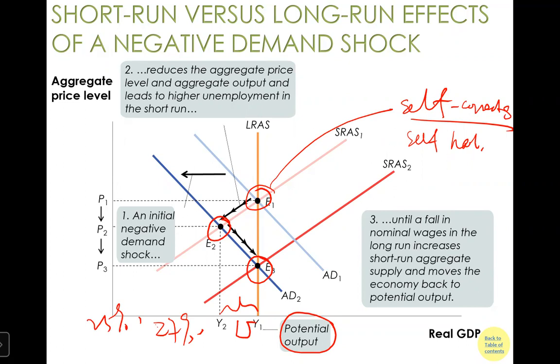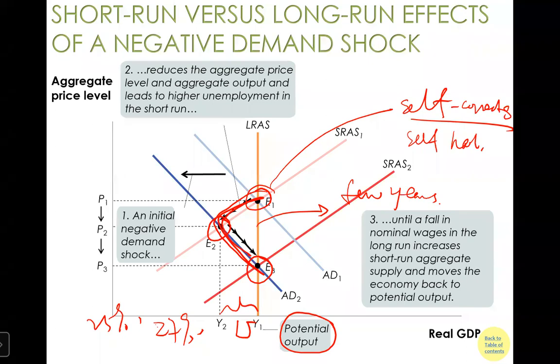This adjustment process can last a few years or even a decade. Just imagine, we lose a quarter of our jobs, a quarter of our output for a decade. That is extremely painful to the economy. Yes, the economy can self-restore, but this process can be too painful to bear.